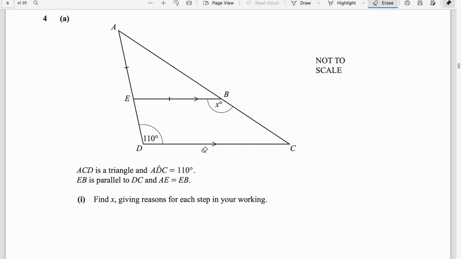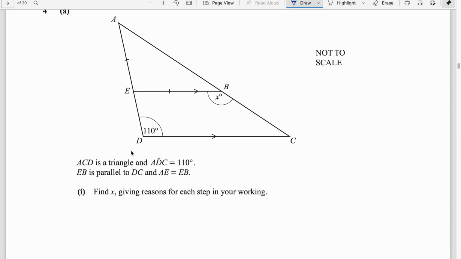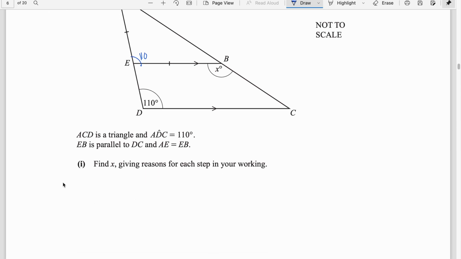So we have to find x. If this is 110, this is 110 because these two lines are parallel. It makes a corresponding angle. So I can say AEB is equal to 110 and giving reasons.